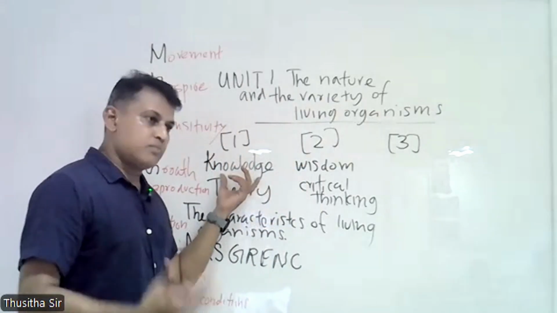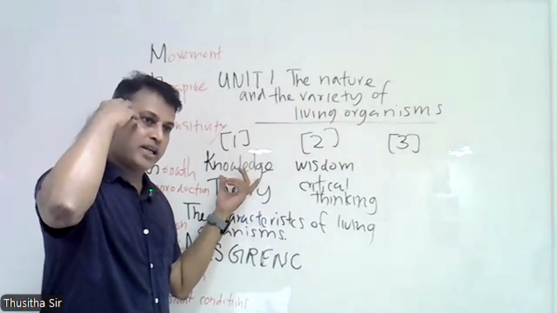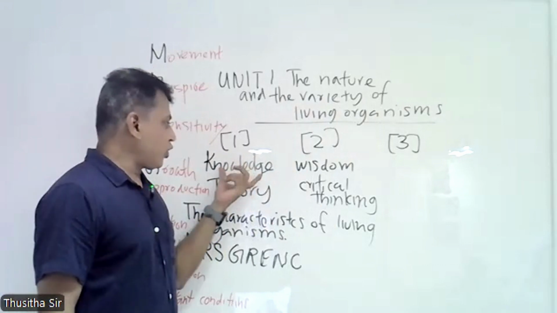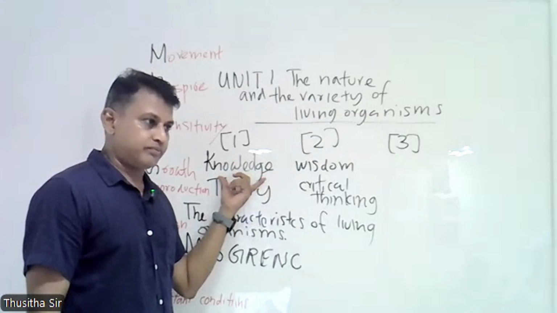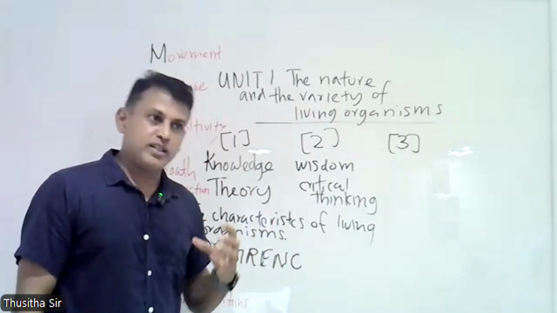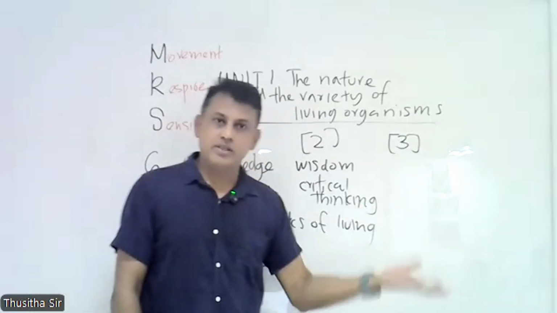Knowledge is simply that you remember something, keep it in your mind, and then answer. You memorize, store it in your brain, and can take it back again. That's the theory of memory.